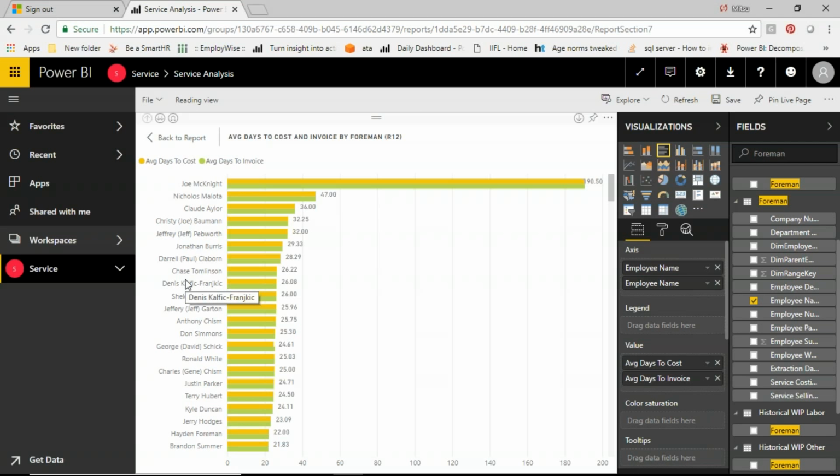Typically, we put foreman because it has to be something at the segment level. Right. Since the costing and the invoicing happens at the segment level. And we don't go down to the technicians on this because there might be multiple techs working on one work order, and you don't hold techs responsible for not getting work orders costed.